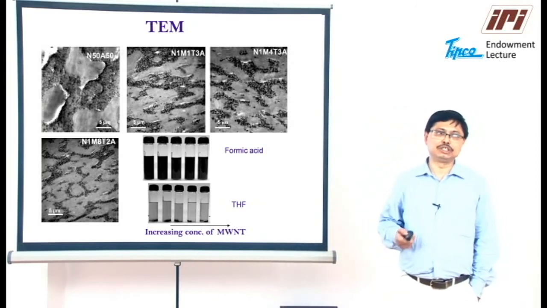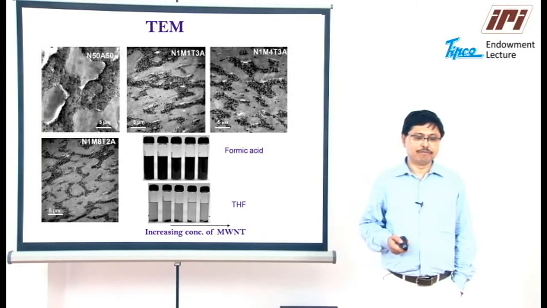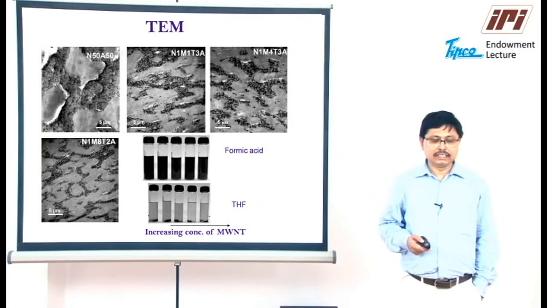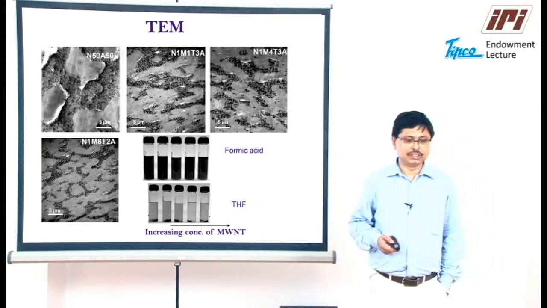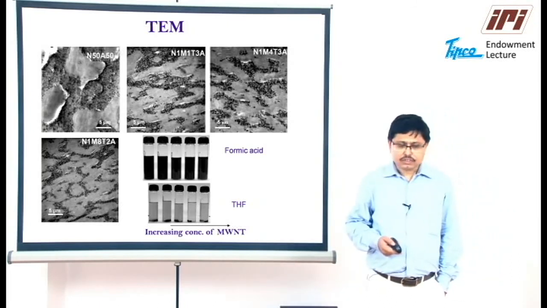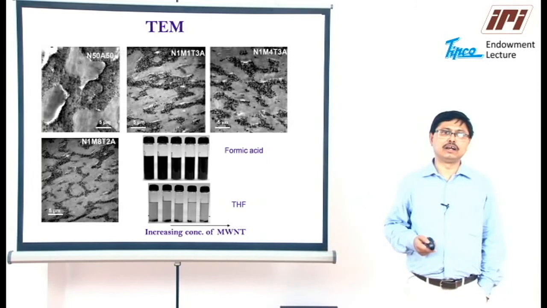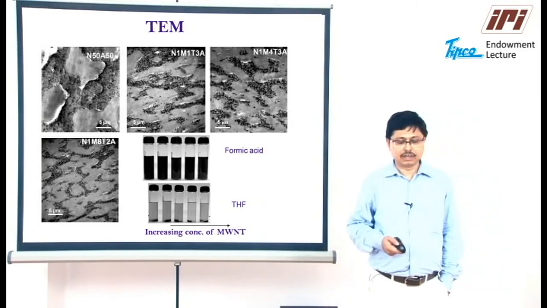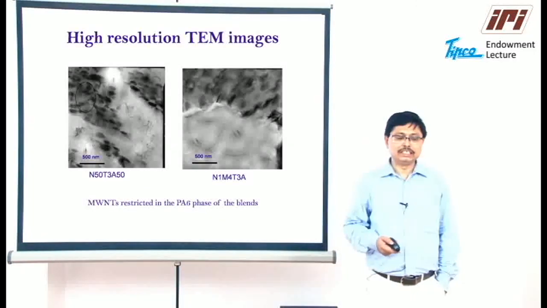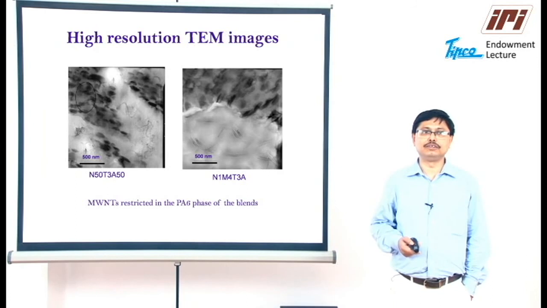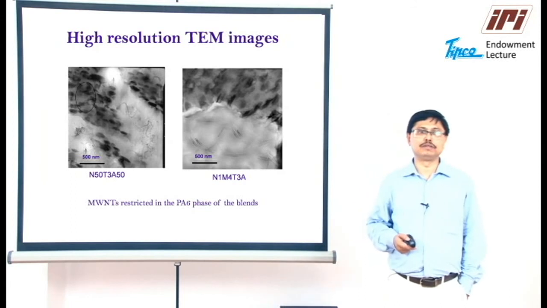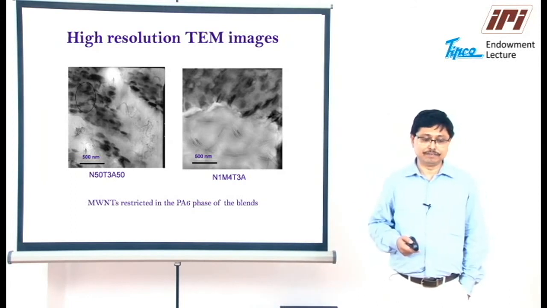whereas THF, which is a good solvent for ABS, showed not much change in color. But with increasing multi-wall nanotube concentration, in the case of the purified nanotube, we could see a change in color from colorless to gray in the THF solvent, which suggests that along with the preferential localization of the multi-wall carbon nanotubes in the polyamide 6 phase, there is a redistribution or migration of the nanotubes into the ABS phase as well.